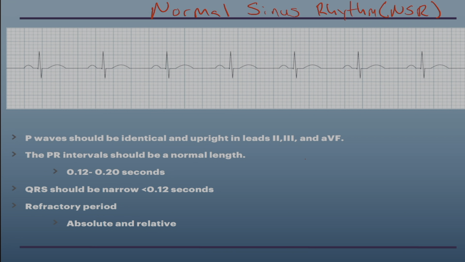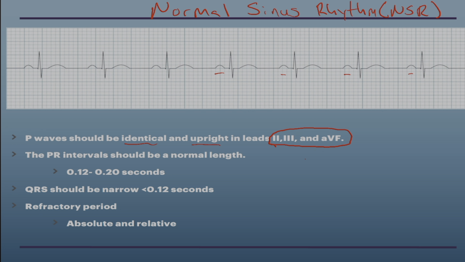First rhythm we have is a normal sinus rhythm. We're going to talk about some of the characteristics that make a rhythm a normal sinus rhythm. To start, let's look at P waves. So I'll isolate these P waves here. When I look at leads 2, 3, and AVF, I should normally see upright and identical P waves.